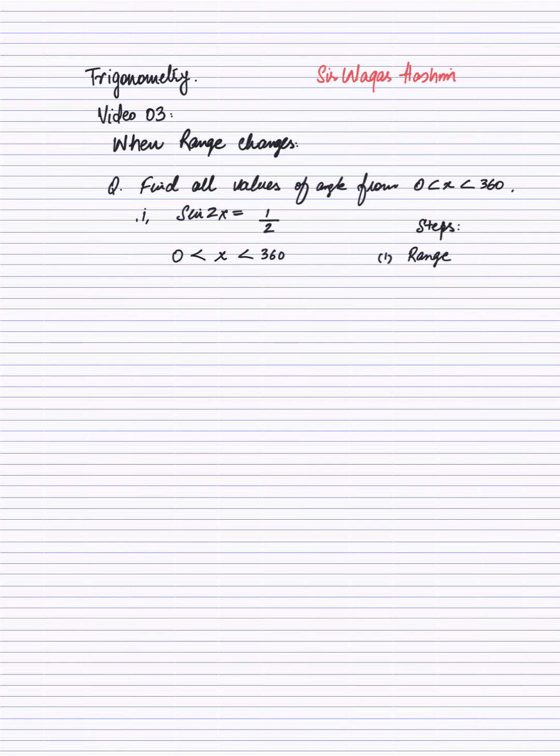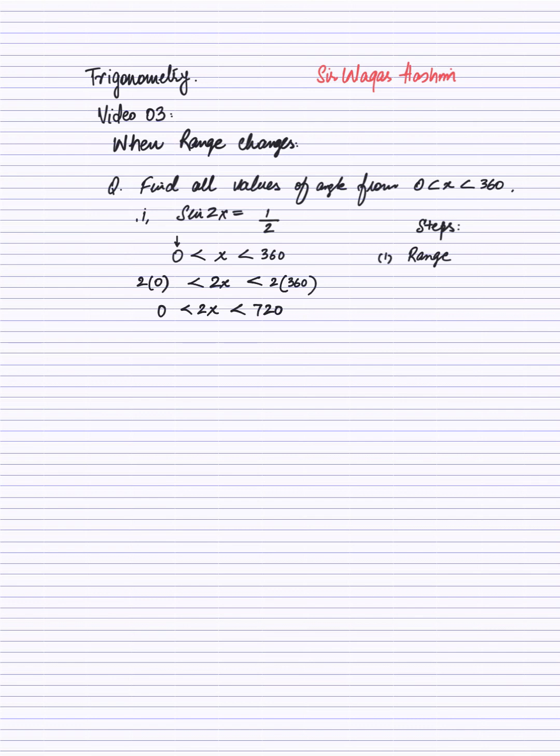Now when it is x, it is 0 and 360, but our value of angle is 2x. So what you need to do, you need to multiply 2 with the 0 because 0 is the lower value, and you need to multiply 2 with 360 because 360 is your highest value. Now the range that you are going to get is 0 till 720.